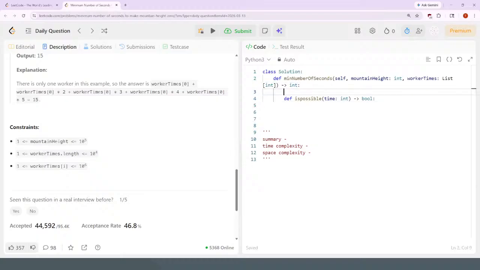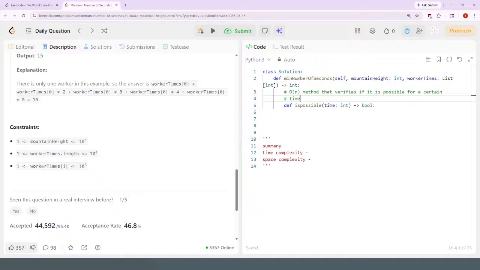This is an O of n method that verifies if it is possible for a certain time to reduce the height of the mountain completely.